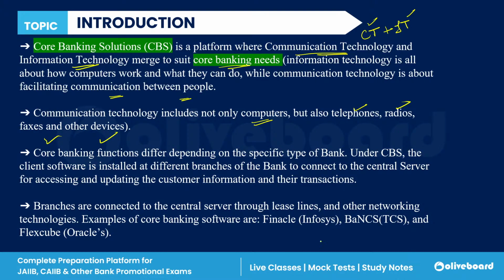If we talk about the core banking functions, they depend upon the specific type of bank. Under the core banking solution, the client software is installed at different branches of the bank, and they connect to the central server for accessing and updating the customer information and their transactions.